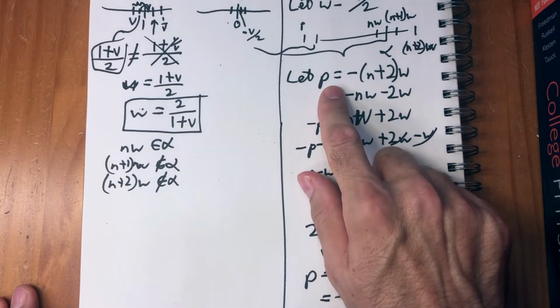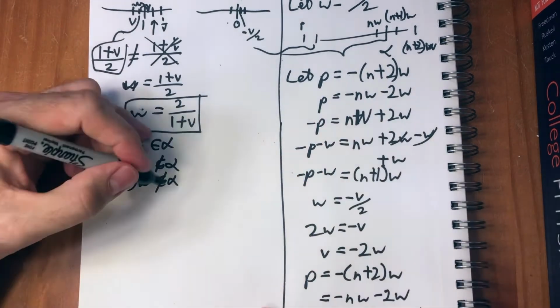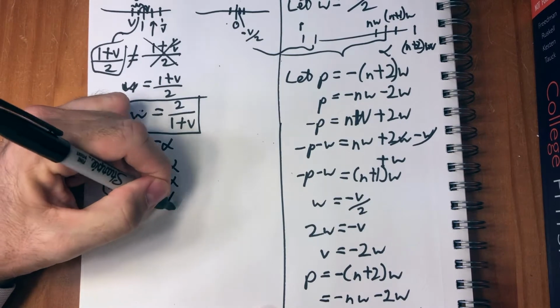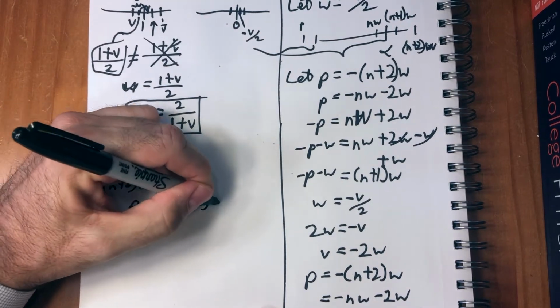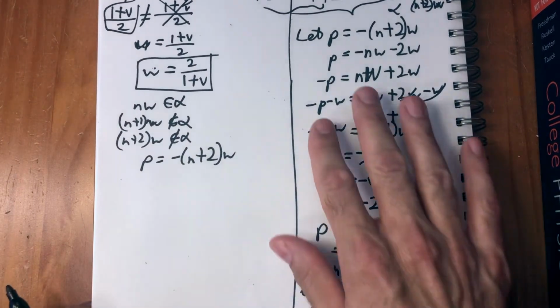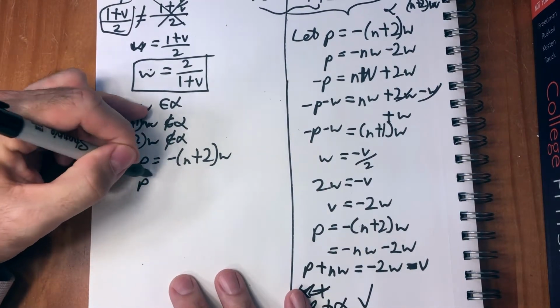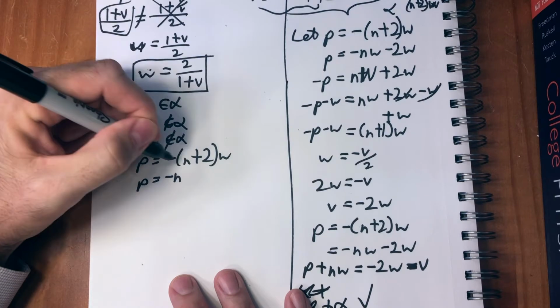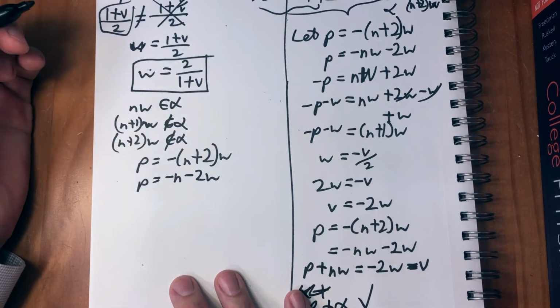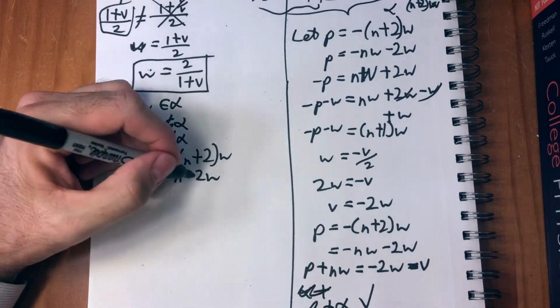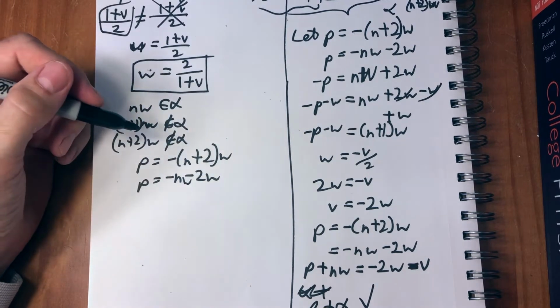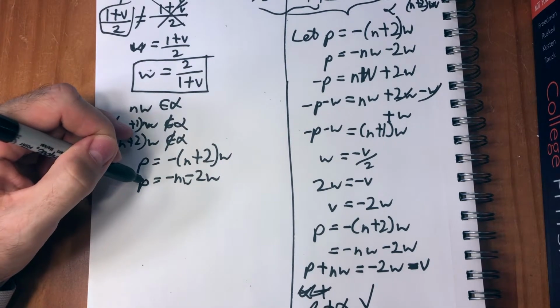Okay, so then we set p equal to minus n plus 2 w. And then we come down here, maybe this is okay, minus nw minus 2w. But in this case, we want the inverse here.